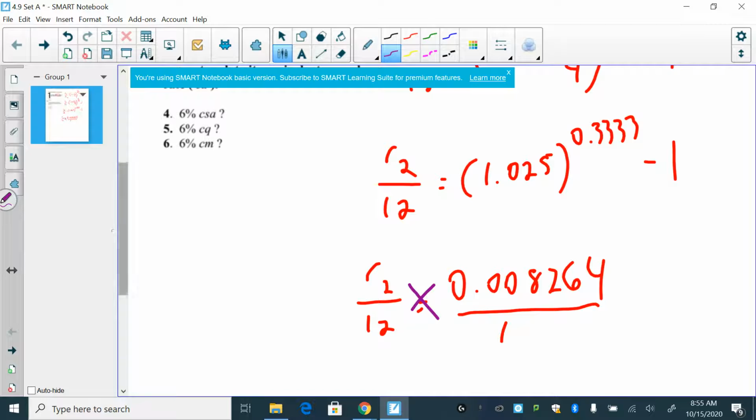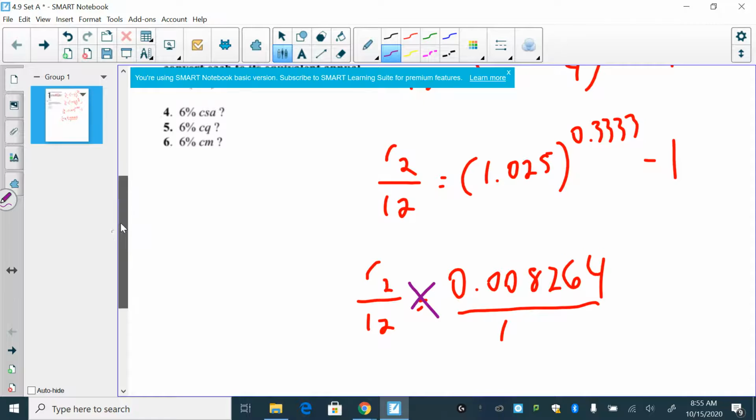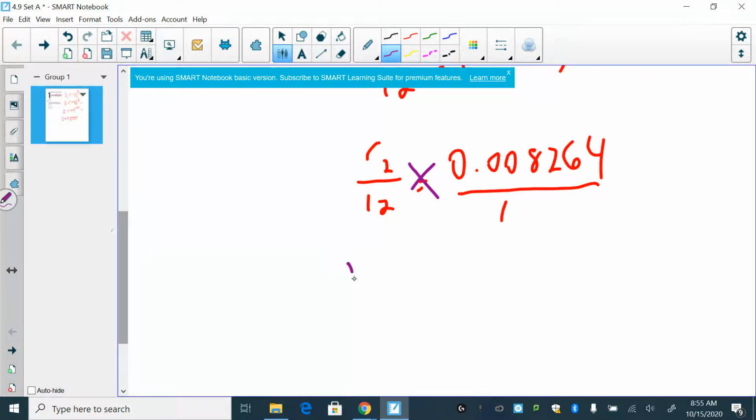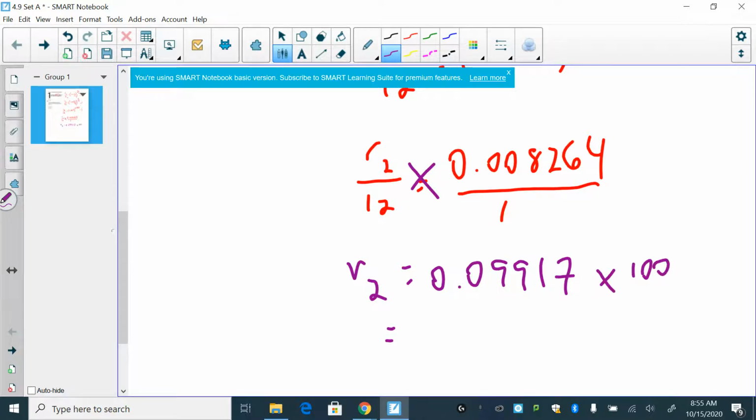So for R2, I've got 0.09917 basically. Remember, you have to multiply by 100 because I'm looking for the actual percentage. So that would be 9.92%. And see how I wrote CM, because that's what we looked for.